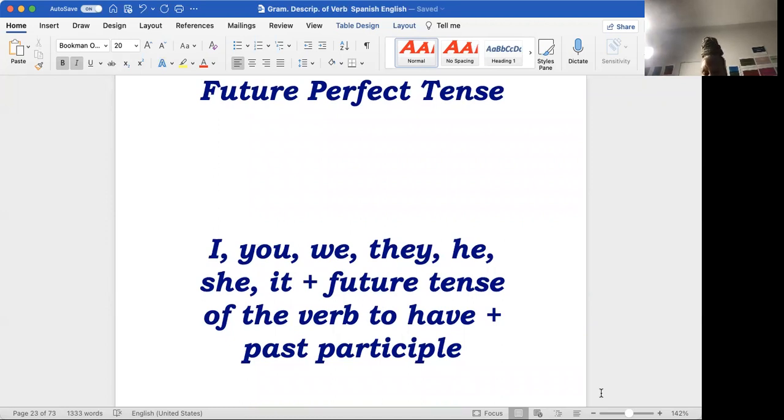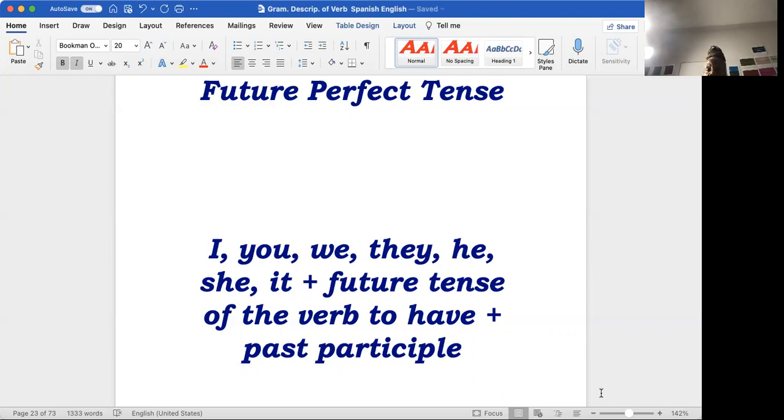After the auxiliary verb to have, the main verb is always in its past participle form. And what's the past participle form? It's the same form as the past tense form. So I will have talked. I will have walked.